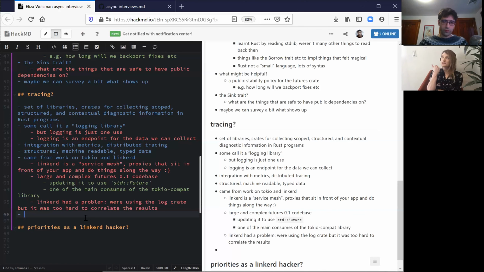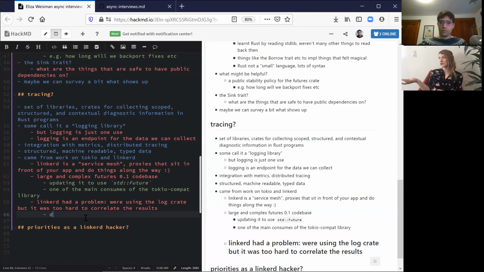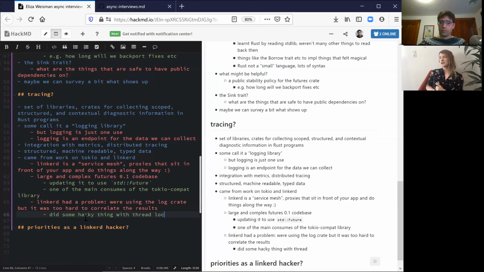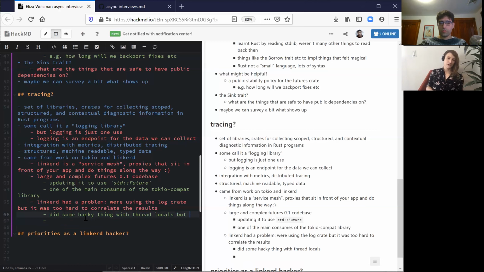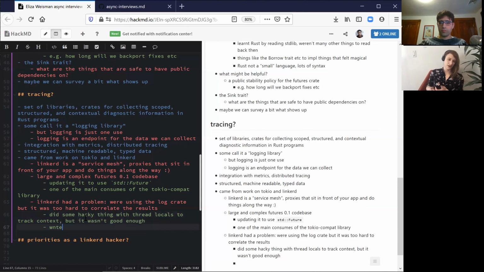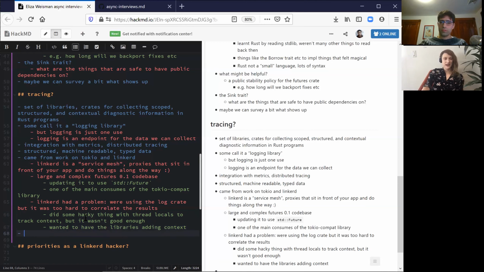But then we had this problem that we wanted to be able to get contexts from other places. Linkerd, as an application, is a consumer of Tokio, Hyper, Tower, H2, all of these other libraries. And so we're adding this application context to all of these log lines. We wanted to have the libraries like Tokio, Hyper, H2, and Tower also adding context. But we knew at the time that we absolutely could not just take our hand-rolled thread local context thing and stuff it into Tokio and Hyper and H2, because those are libraries that a lot of people use.